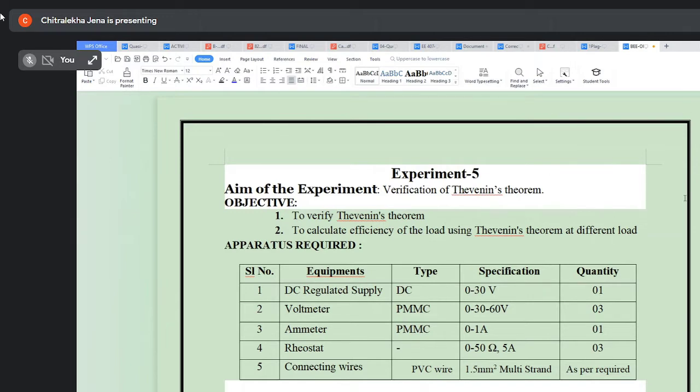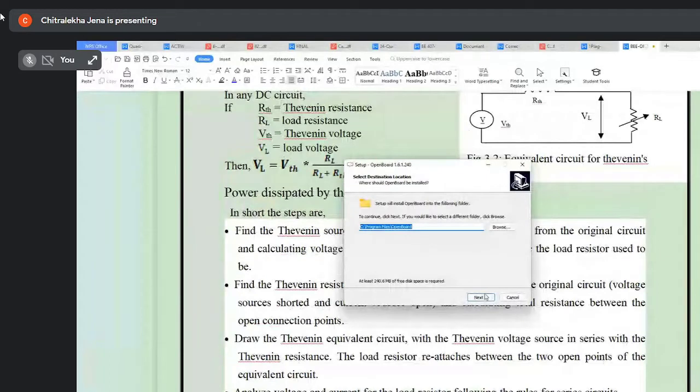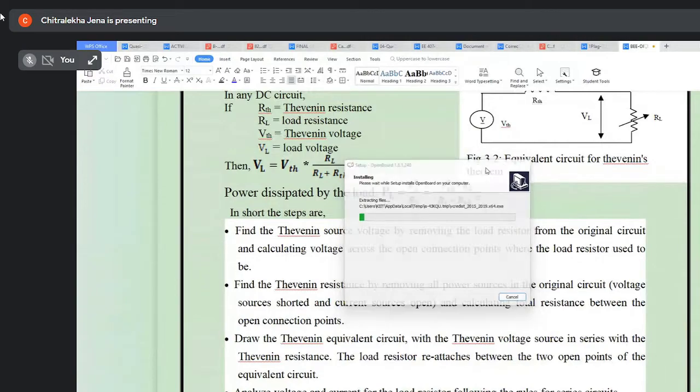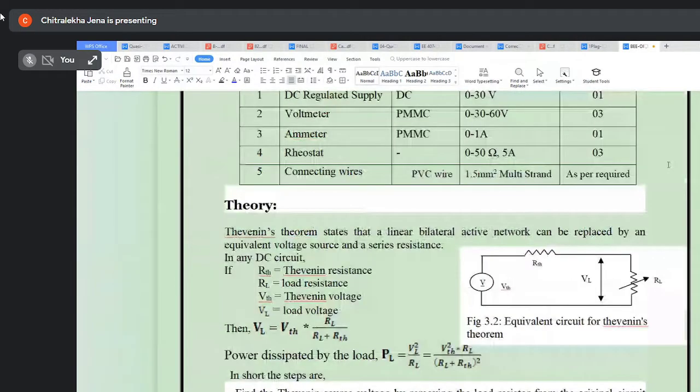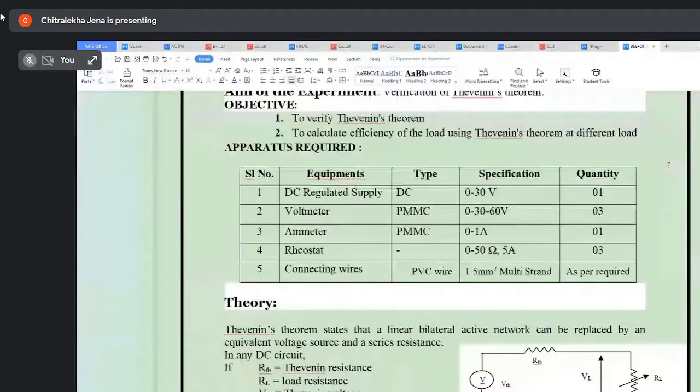So here, your objective is to verify Thevenin's theorem and to calculate the efficiency of the load using Thevenin's theorem at different loads.